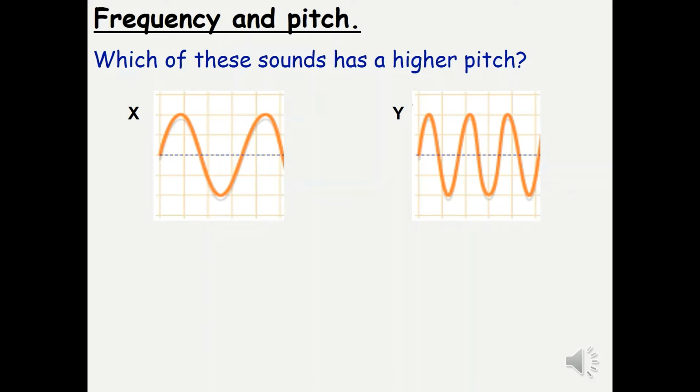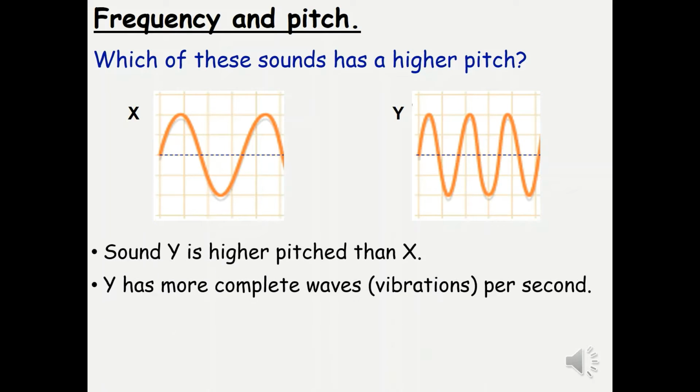What about frequency and pitch? Which of these sounds has a higher pitch? Let's see. Sound Y is higher pitch than X. Why? Well, Y has more complete waves or vibrations per second, and we know that frequency speaks about the number of waves passing a point per second, and Y fits this.